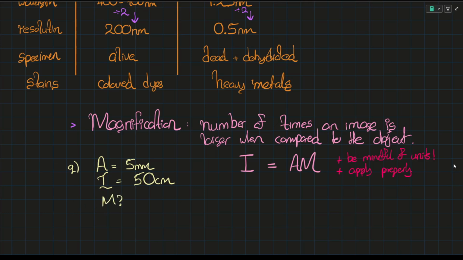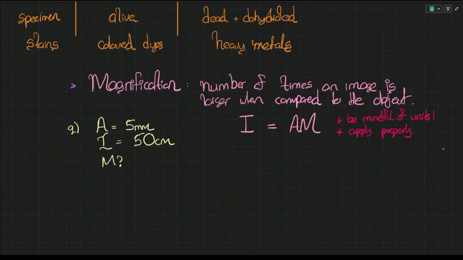Simply calculate m. So I'm going to put myself in your shoes and we'll see how I'm going to attempt this. So first of all, I'd write down the equation. I'll remember that I equals am and I'll write that down. And then I know I want magnification. So I'll rearrange things. M is equal to I divided by a.